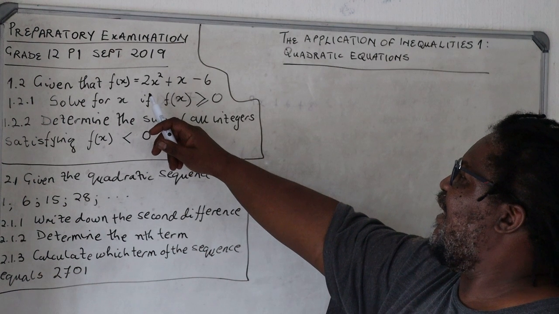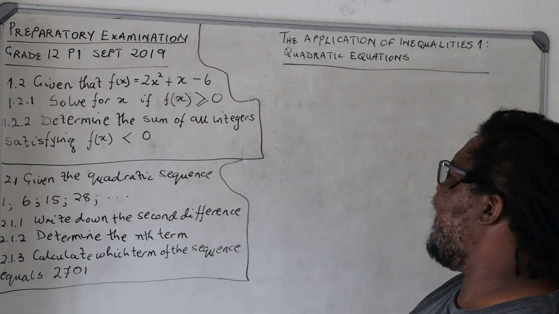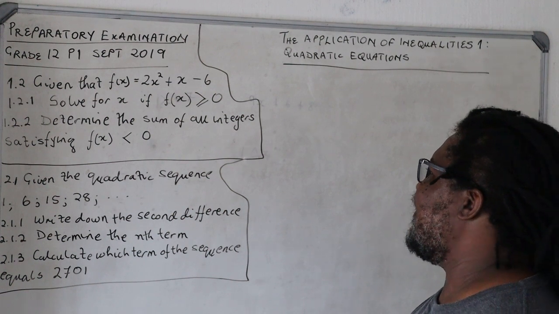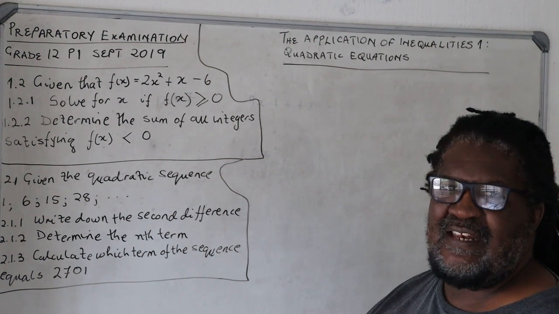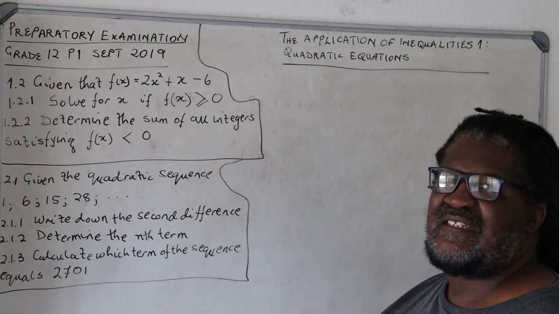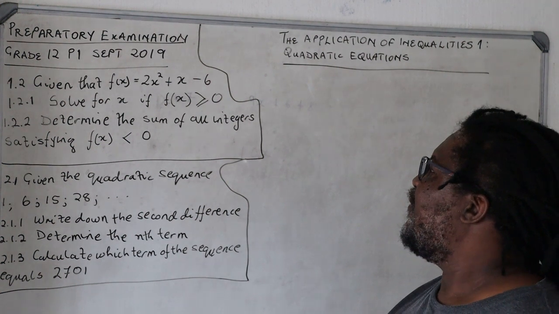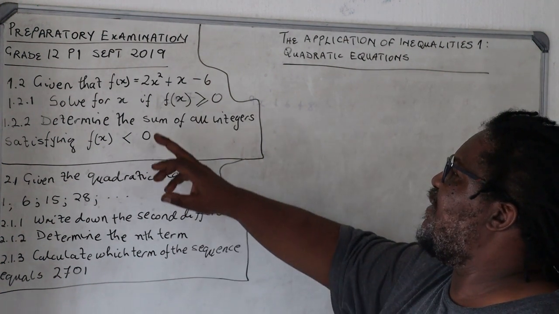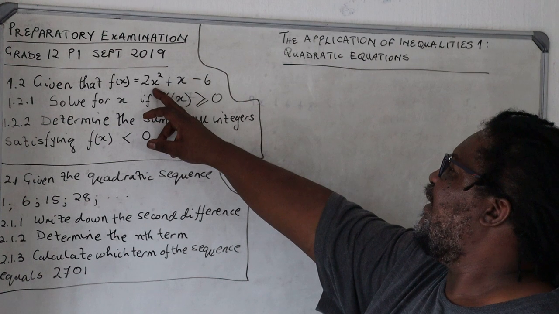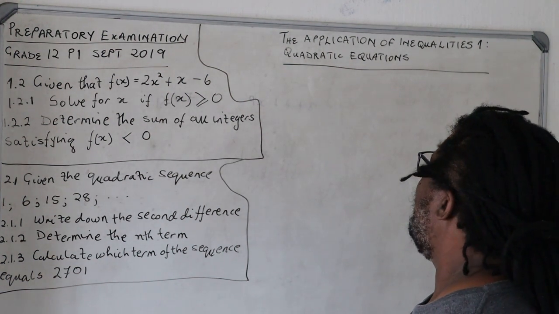As you can see, f of x equals 2x squared plus x minus 6 is a quadratic equation. A quadratic equation is any equation of the form y is equal to ax squared plus bx plus c, where a is not equal to 0. So in other words, a quadratic equation should have its highest power being equal to 2.